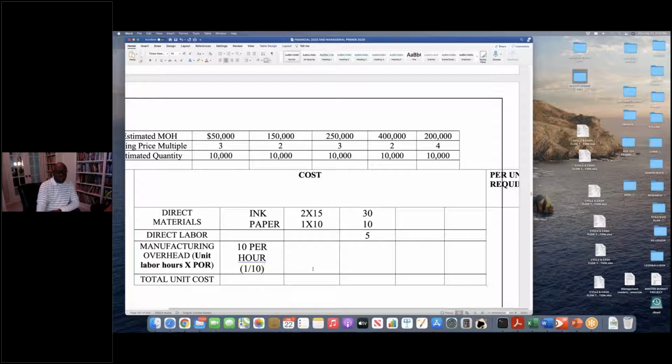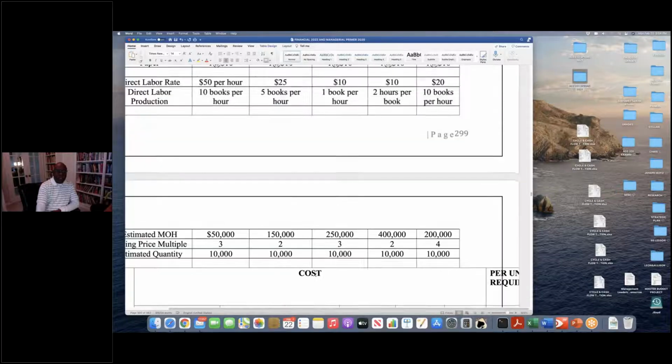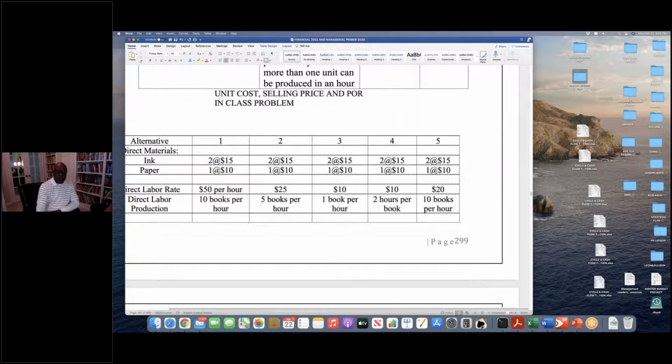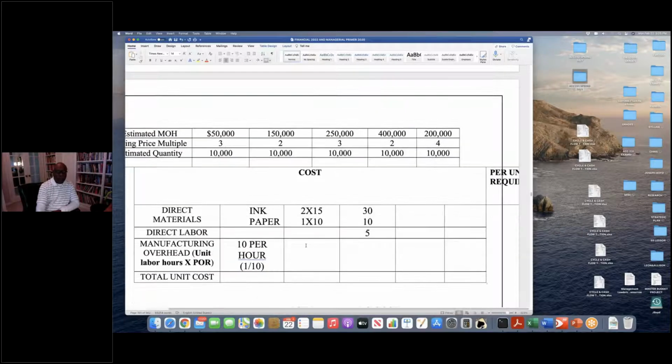So the POR, we said, was 50. We divide 10 into 50, because whenever we can make more than one in an hour, we divide to get our unit cost for the overhead, our 1/10 of it. It's going to be 5.